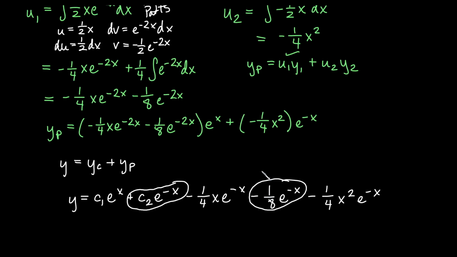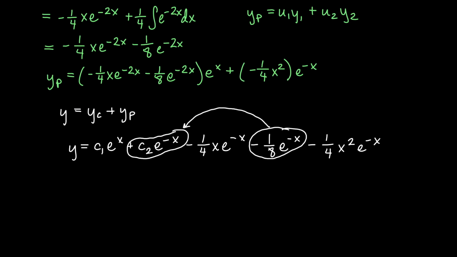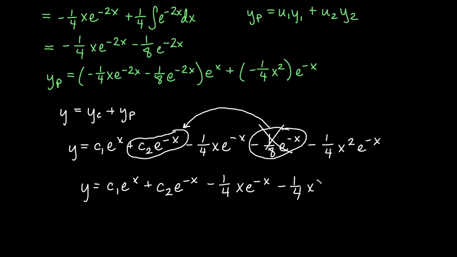So really this term gets absorbed into this term because this is just saying we have some multiples of e to the negative x. So really, to say this the correct way, we just want to say c1 e to the x plus c2 e to the negative x and leave off this term. It's been absorbed into that term, minus 1/4 x e to the negative x, minus 1/4 also x squared e to the negative x.